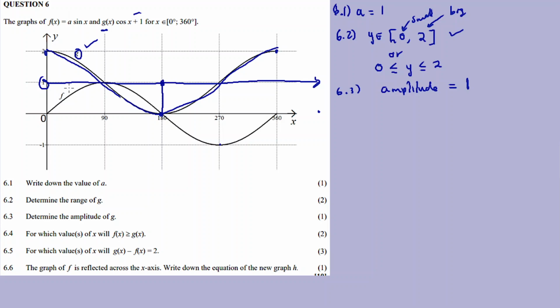It's the distance from the axis to the lowest point, or from the axis to the maximum point, which is 1. So our amplitude is equal to 1.